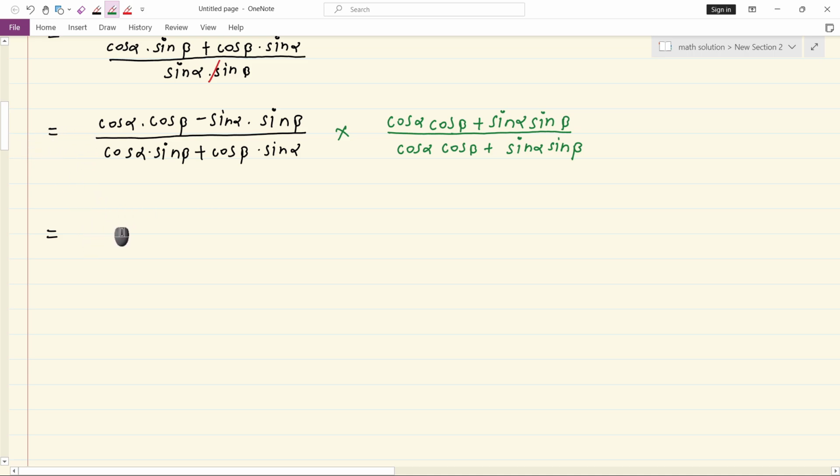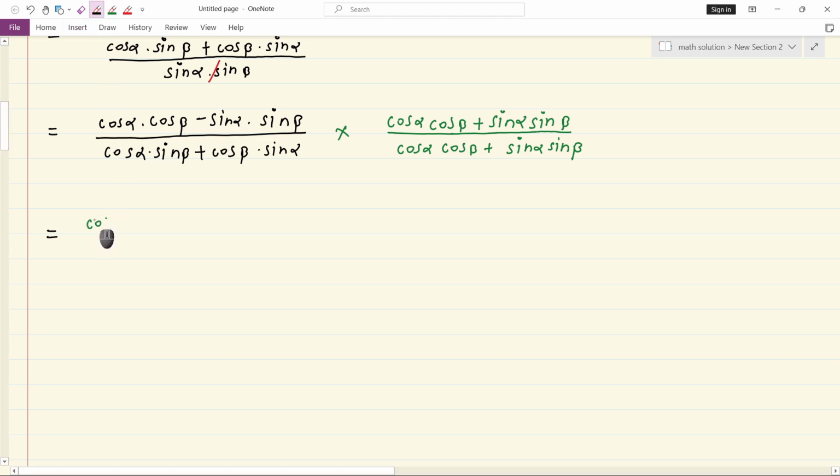So now let's solve. Now we are going to multiply both terms. It is like algebra now. Multiply numerator and denominator, multiplying cos alpha cos beta with this whole term, then this with this.